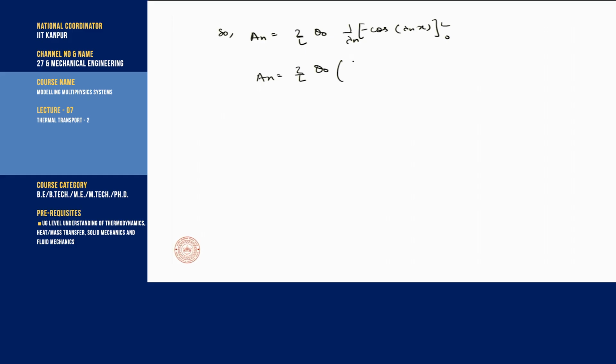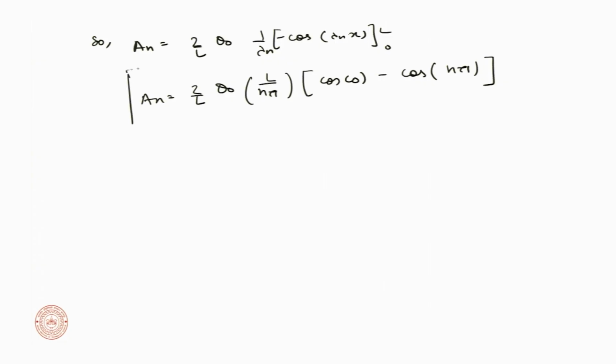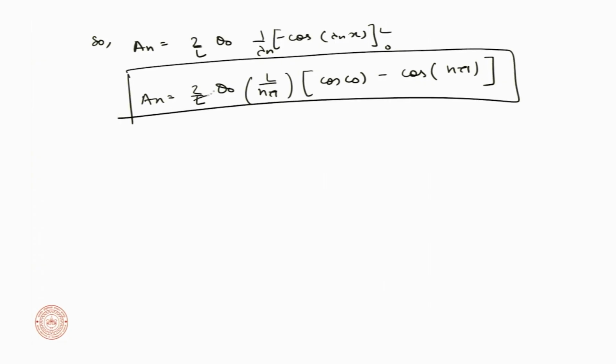Lambda n is n pi over L, so in this case it is L over n pi, and then we will have cos of 0 minus cos of n pi. Okay. So, this is our lambda n expression. L will get cancelled. So, we will have An equal to 2 theta naught by n pi, into cos of 0, which is 1, minus cos of n pi.